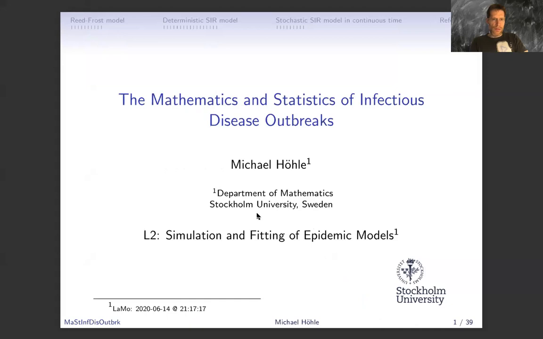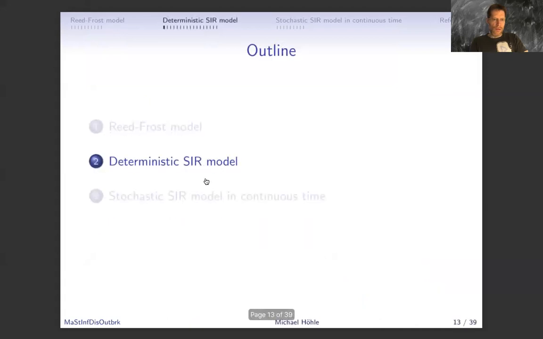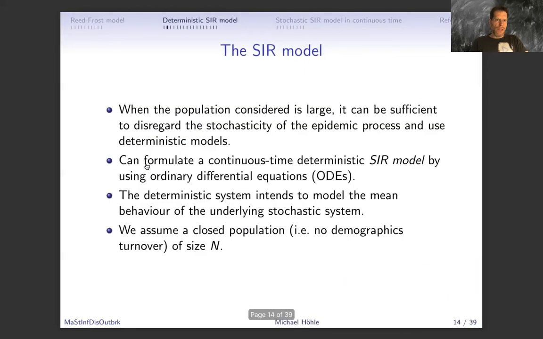So going to the deterministic SIR modeling approach: in part A, talking about the Reed-Frost model, we were looking at a stochastic model, but now we turn to the point where we think that the population which we consider is so large that it's sufficient to disregard stochasticity aspects of the epidemic process and use a deterministic model. And this model was already used by Tom in the first lecture, but I'll briefly cover parts of it again.